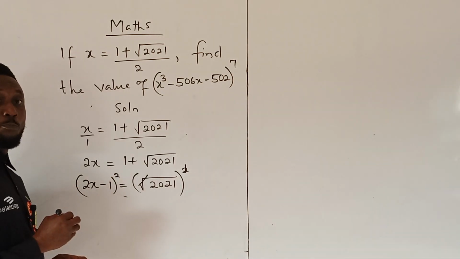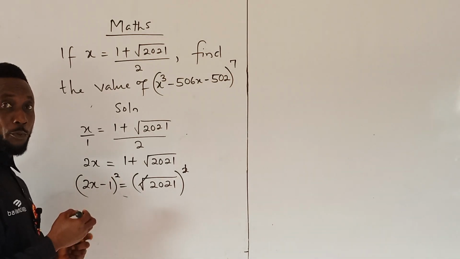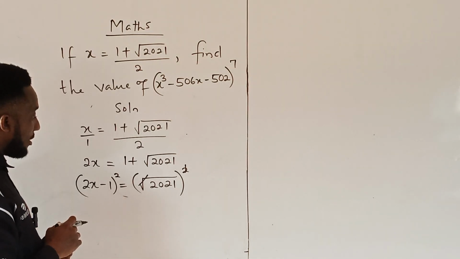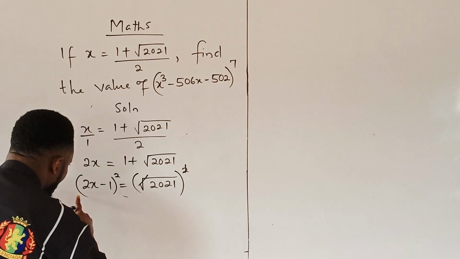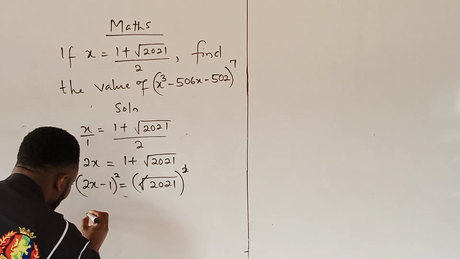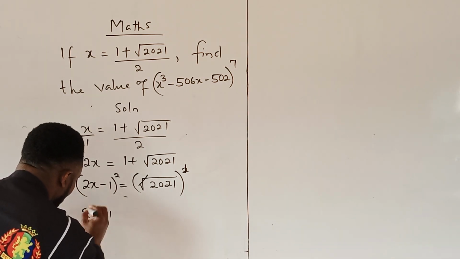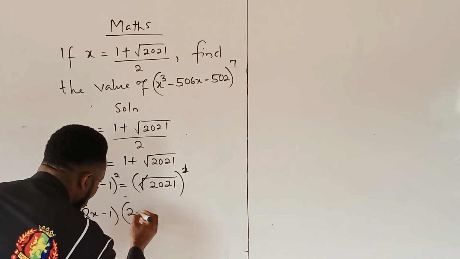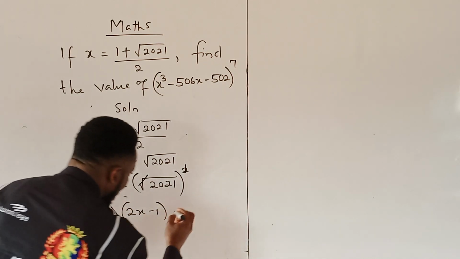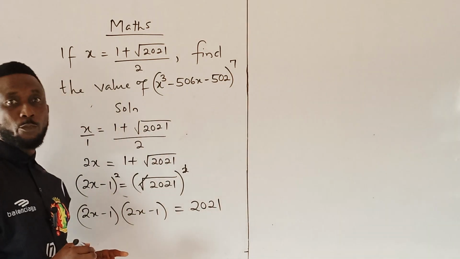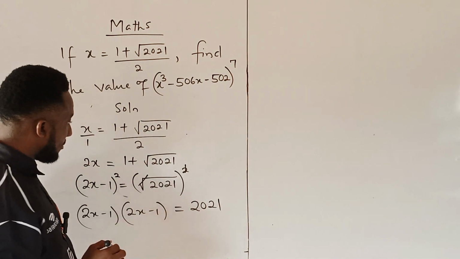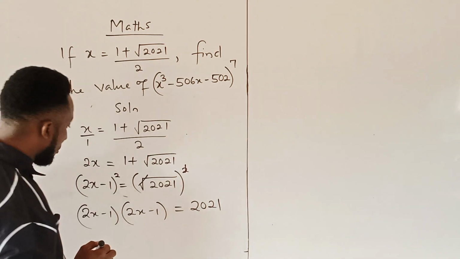I wouldn't want to expand this directly, for the purpose of understanding, so I shall write this in two parentheses. (2s minus 1) all squared is the same thing as (2s minus 1) multiplied by (2s minus 1), which is equal to 2021. This radical has been deradicalized. It's now a rational expression.